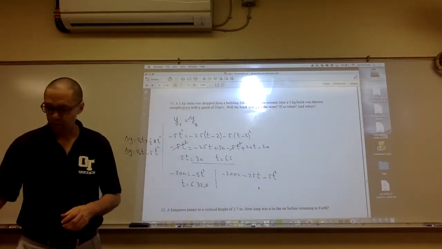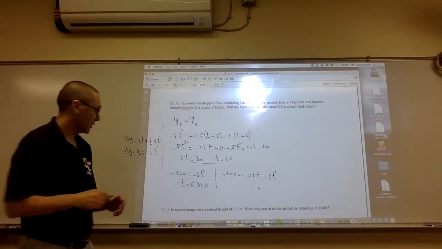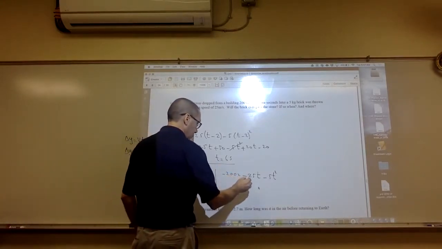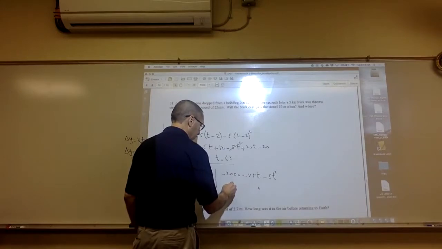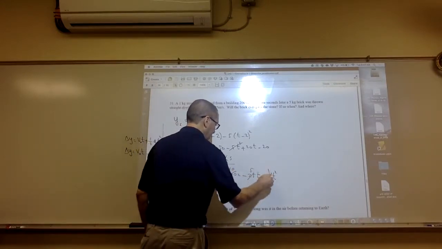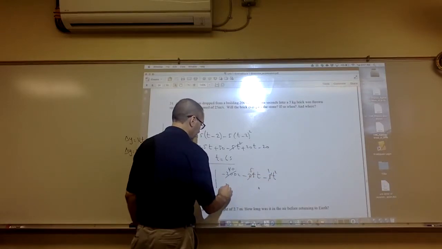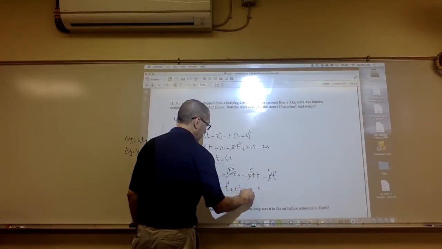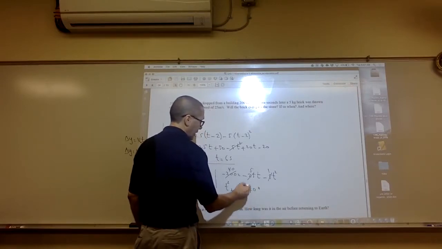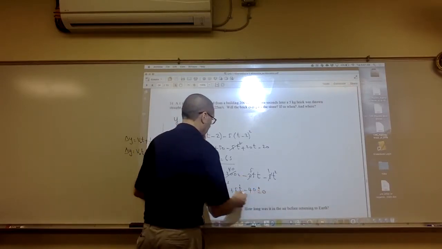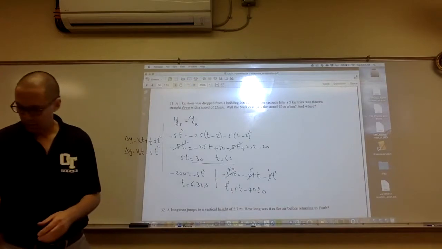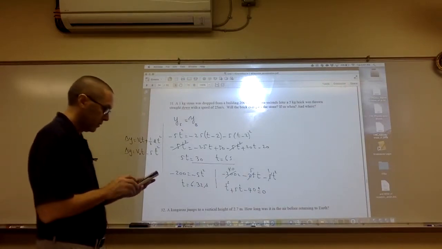If I solve this equation, let me see if I can do it on the calculator. I'm going to move this over and make this 40, 5, and make this a 1. So t squared plus 5t minus 40 equals 0.